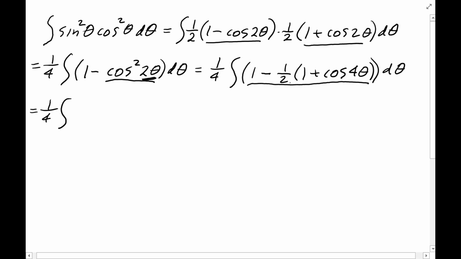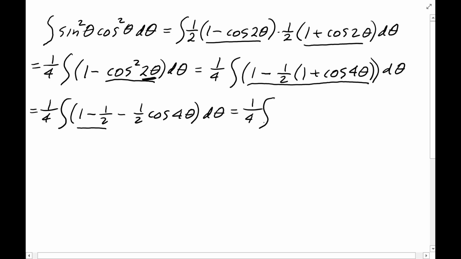We're going to distribute that 1/2 through that parentheses. So we get 1 minus 1/2 minus 1/2 cosine of 4 theta. And we can combine the 1 minus 1/2, and we get this: 1/2 minus 1/2 cosine of 4 theta.